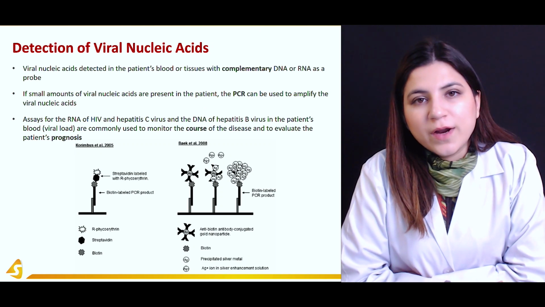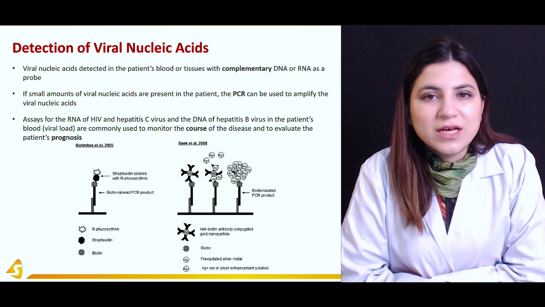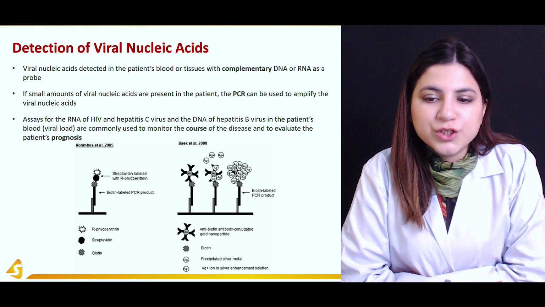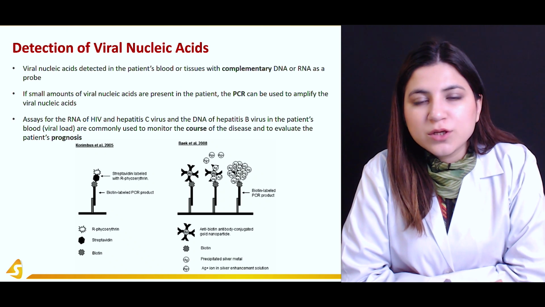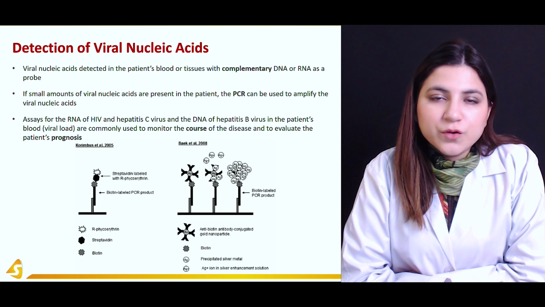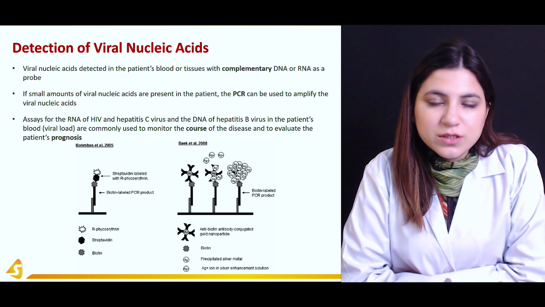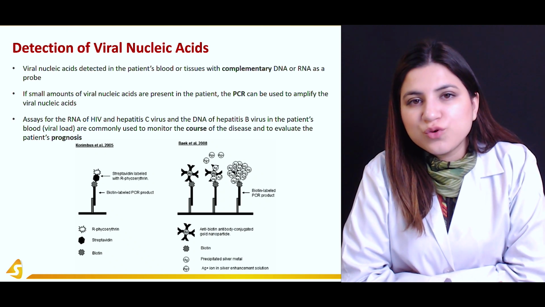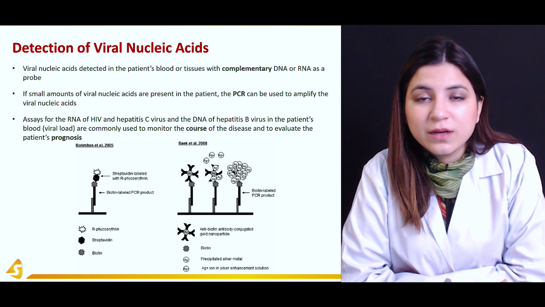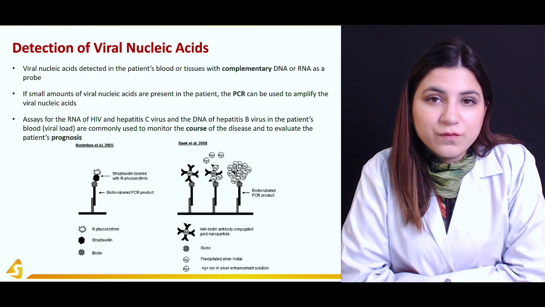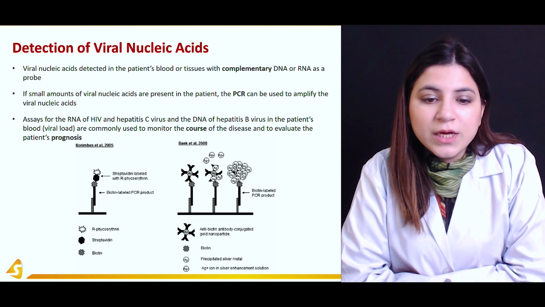Then the viral nucleic acid can be detected inside the patient blood or tissue by presence of complementary RNA or DNA as a probe. So if there is viral nucleic acid present and we use a complementary nucleic acid as a probe, then we can identify the presence of virus inside the patient sample.